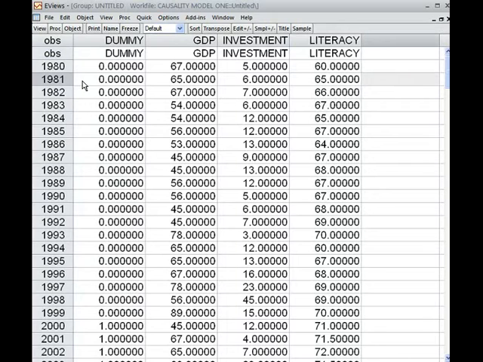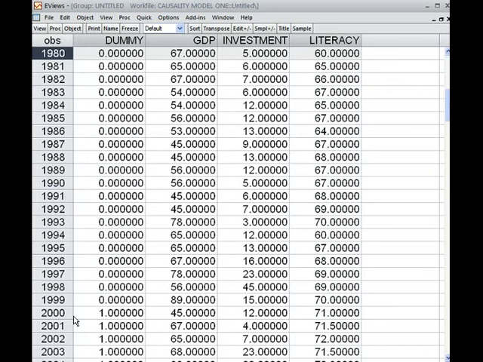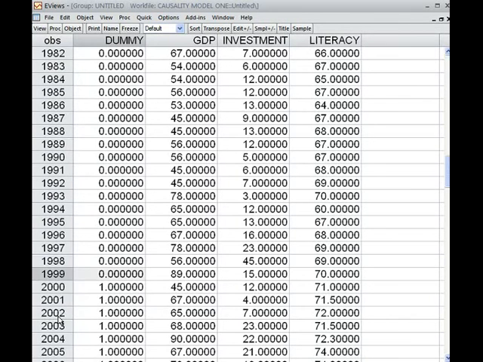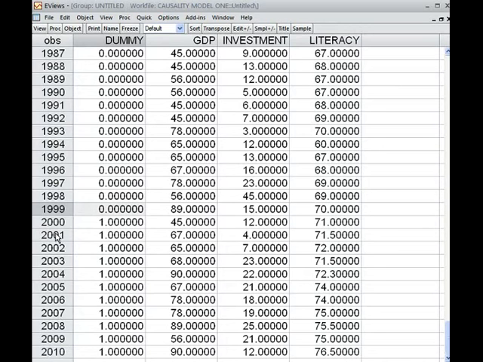You can see that from 1980 until 1999, I have taken the dummy as all 0. But from the year 2000 until 2010, the dummy variable is 1 that I have chosen.